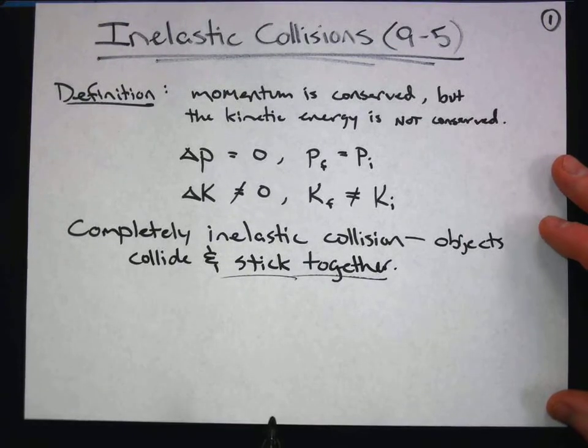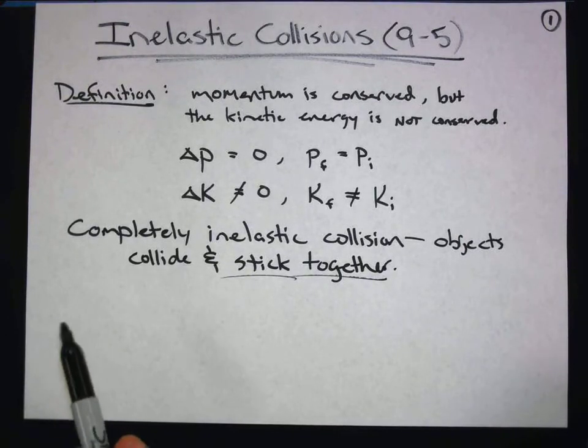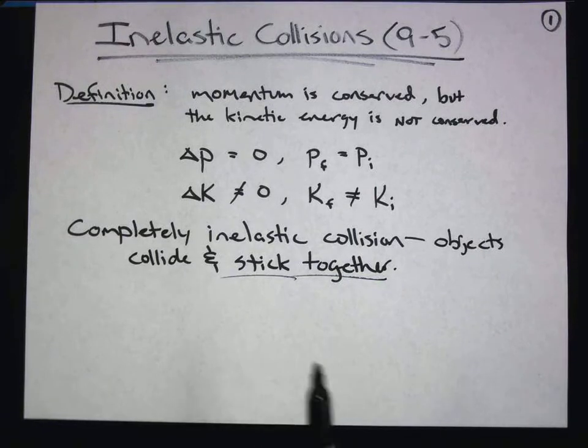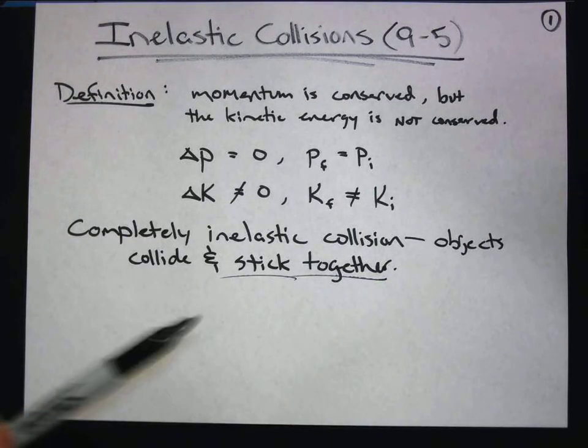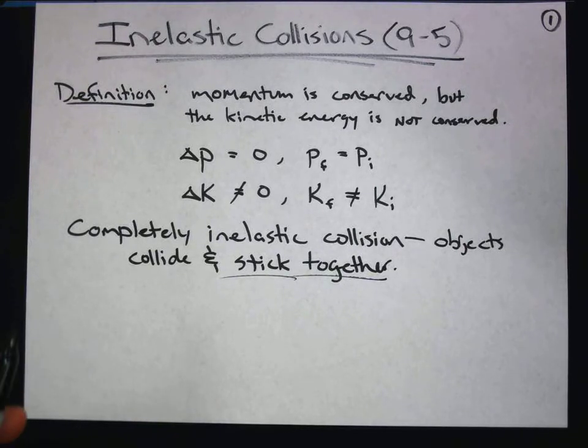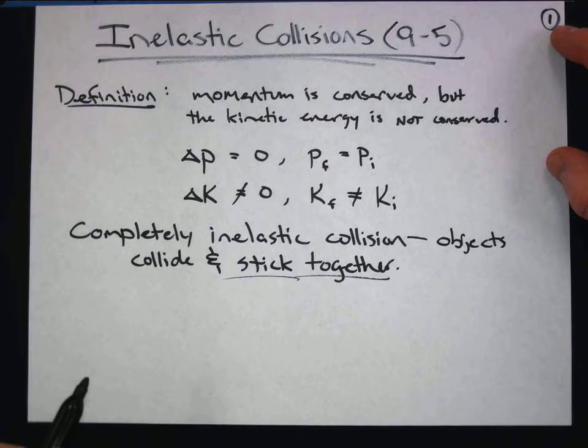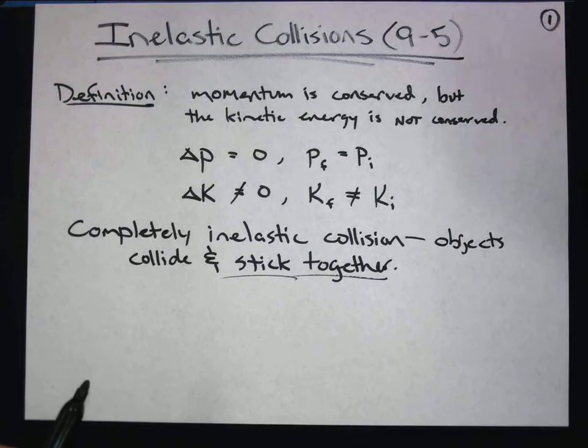And this is somewhat common. In fact, the opposite of an inelastic collision would, of course, be an elastic collision. And a pure elastic collision, really, you simply might think of it as darn near impossible. Just about every collision is at least partially inelastic to some degree.